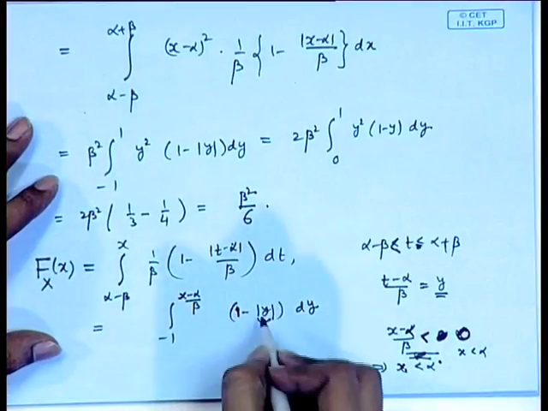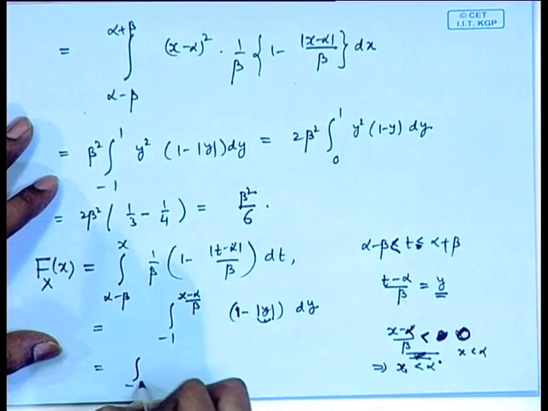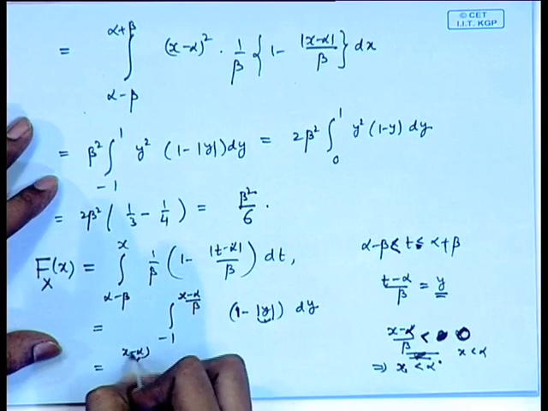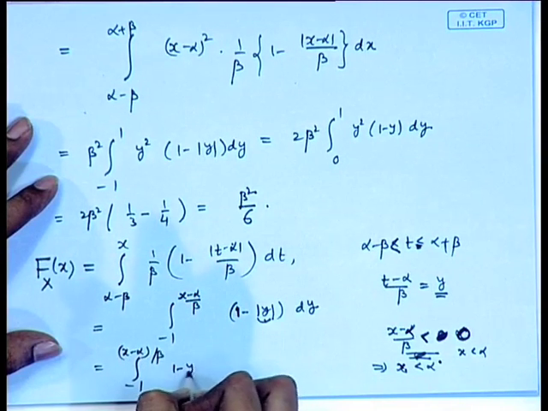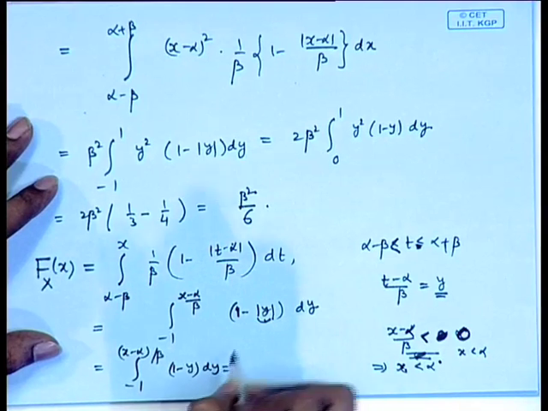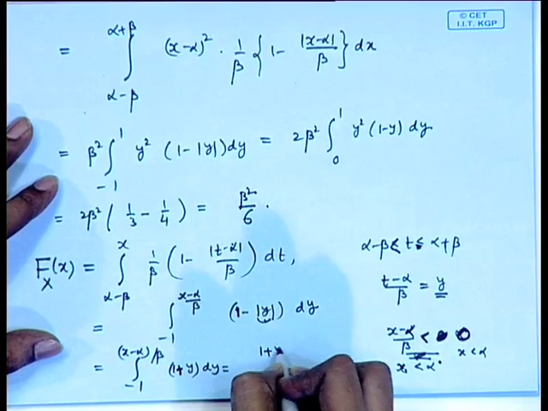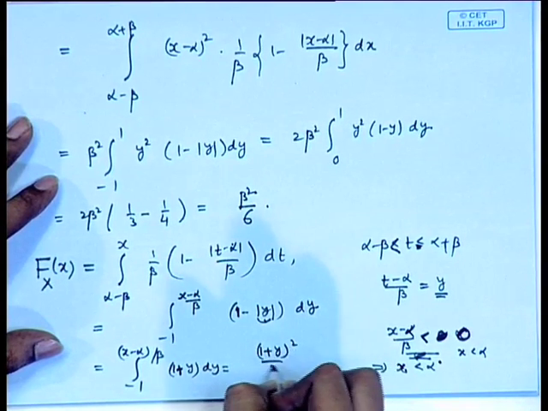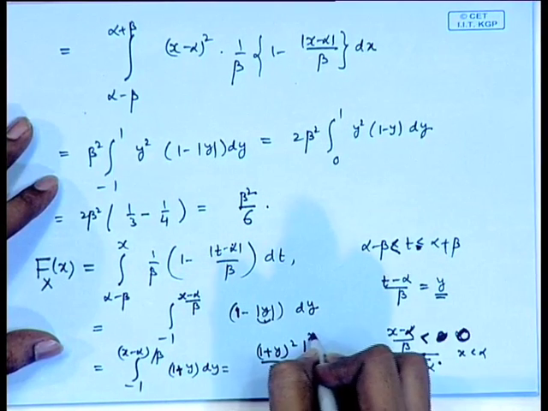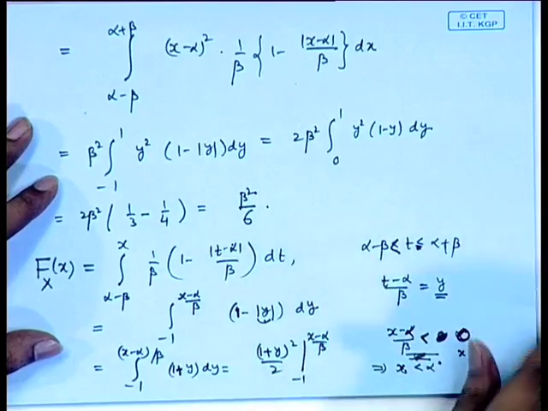If that is so, then this is equal to the integral from minus 1 to (x minus alpha) by beta of (1 plus y) dy, which is simply equal to y plus y square by 2, evaluated from minus 1 to (x minus alpha) by beta.